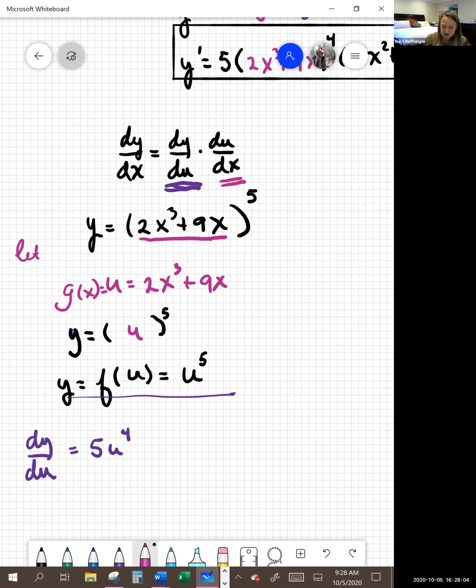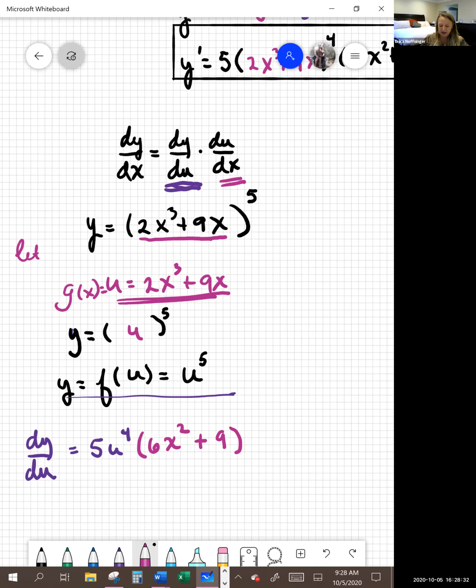So if we take the derivative of u right here with respect to x, this is bringing our power down front and multiplying it by the coefficient 2. So we get 2 times 3 is 6x, subtract 1 from our power, we get a square. Plus 9 times our power of 1, which is 9. Subtract 1 from our power, we get an exponent of 0. That's just 1.